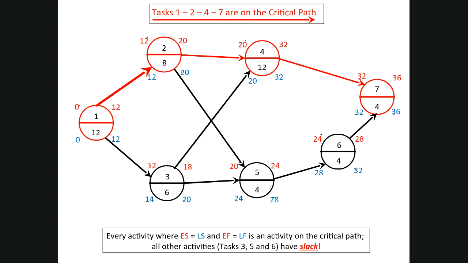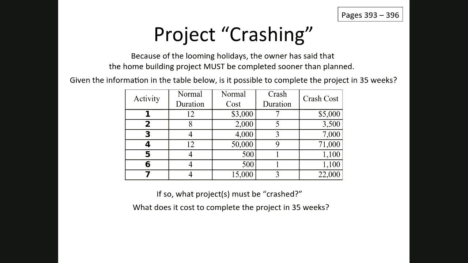So let's take a look at how we're going to do this. The first thing to notice is that there's more information here. You'll see in this slide that we've got some of the same information. We're given our activities 1 through 7; those haven't changed. The normal durations haven't changed. They range from 12 weeks for task 1 down to 4 weeks for task 7.